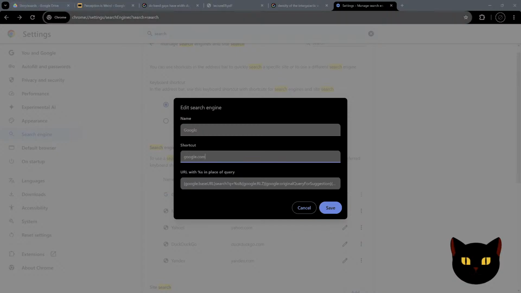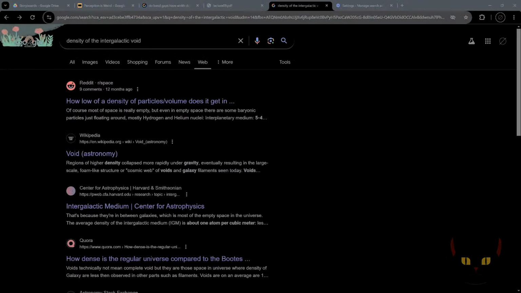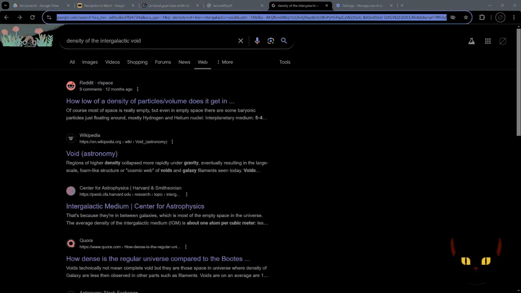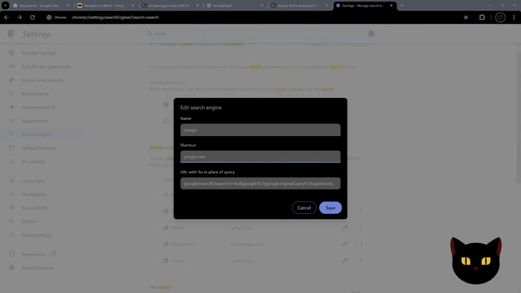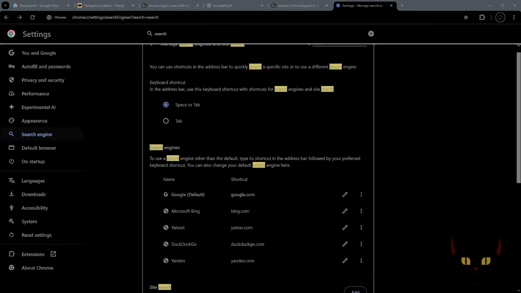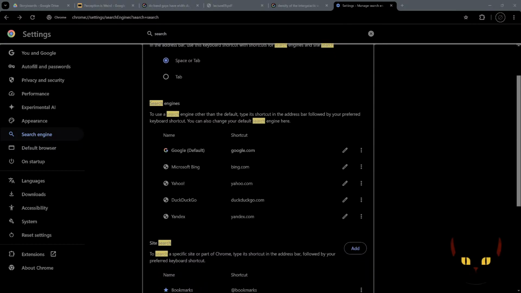Doesn't let me alter the default one, so we get to make a custom one.